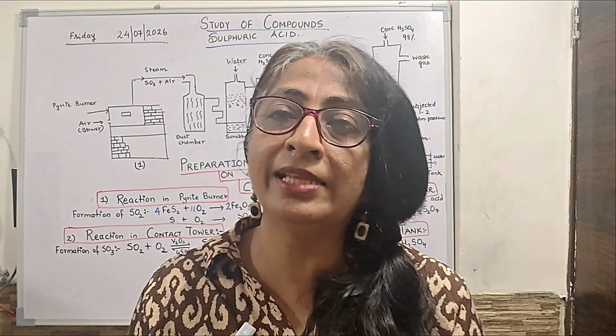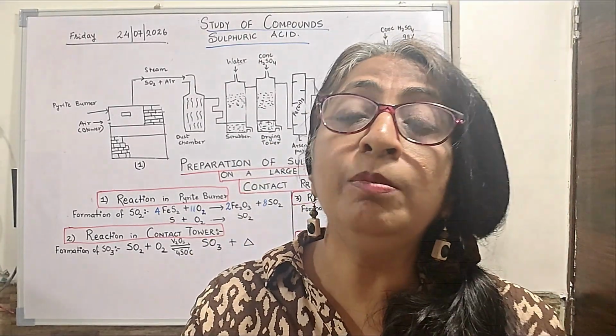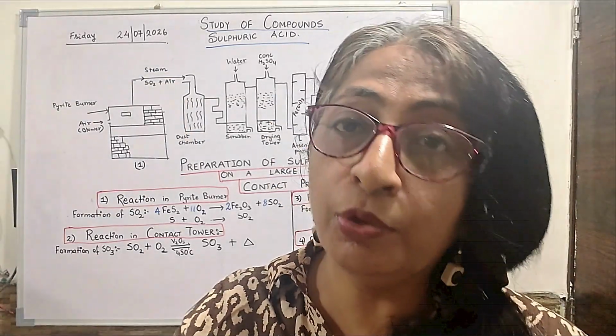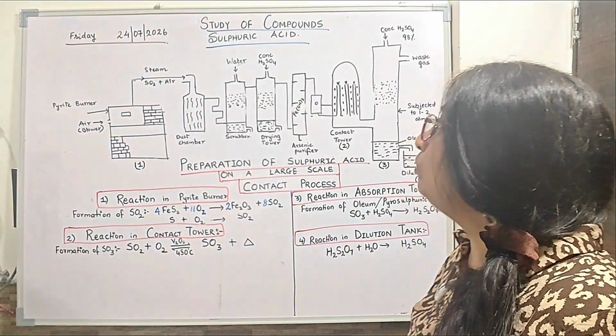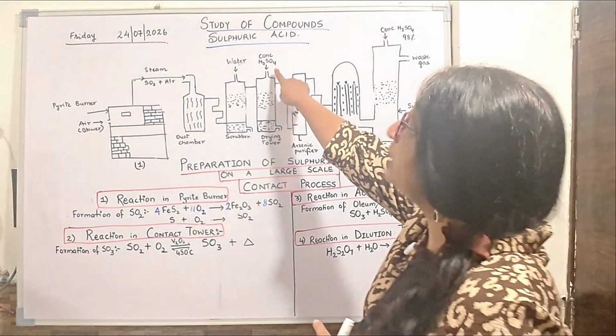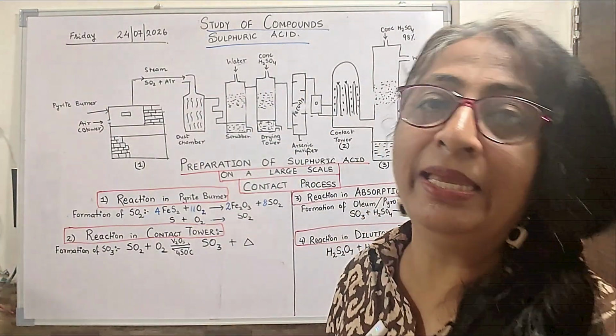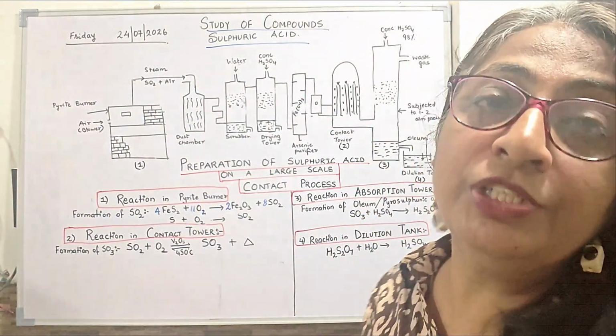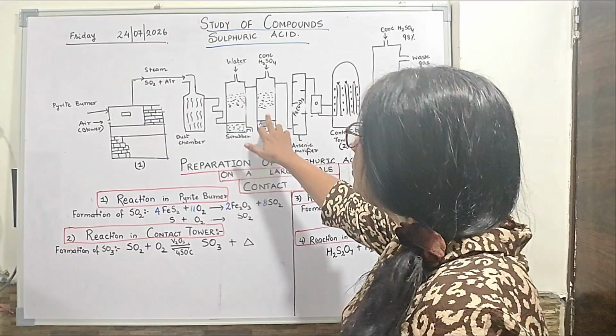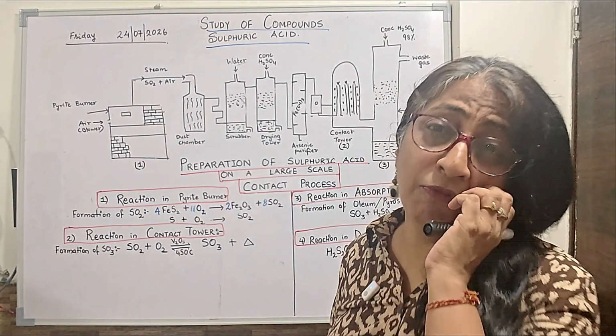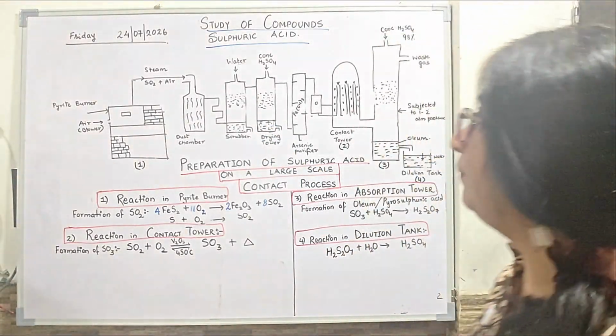It removes chemically combined water molecules from the compound. So here we are using concentrated sulfuric acid as a drying agent, to just make our gas, sulfur dioxide, dry.